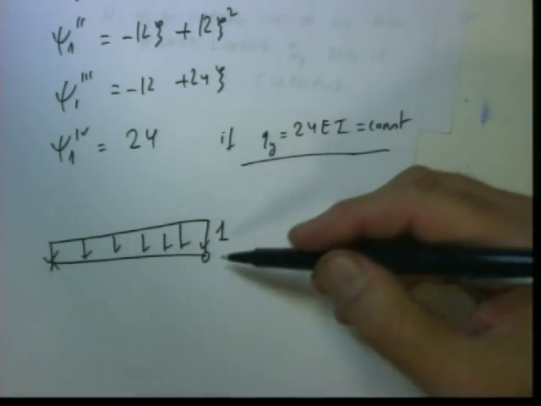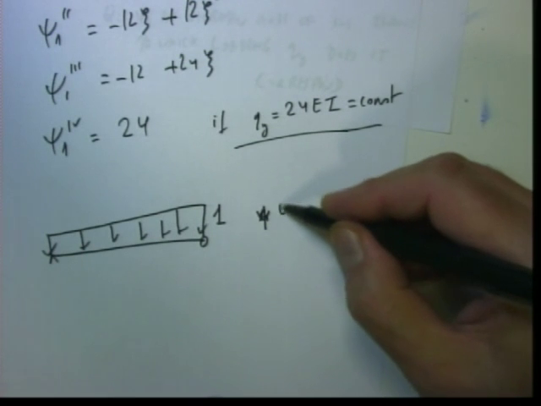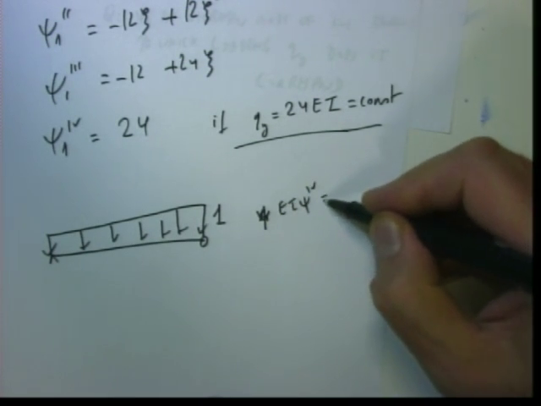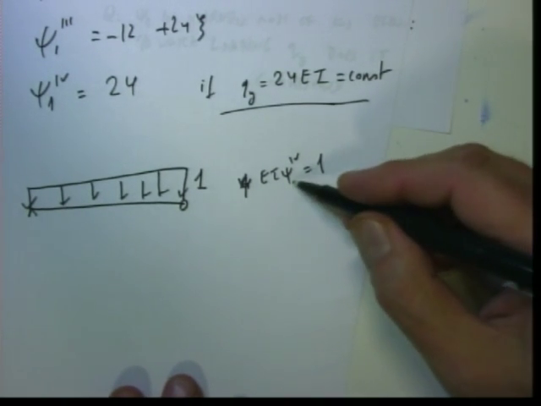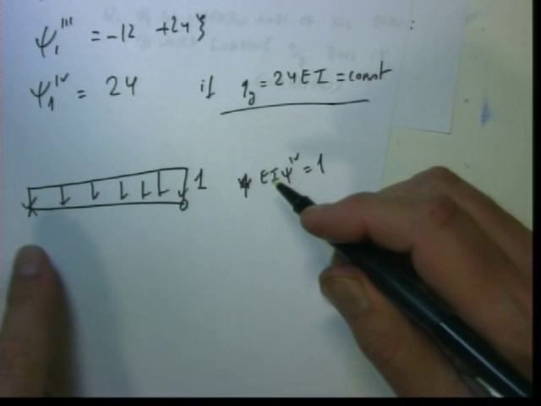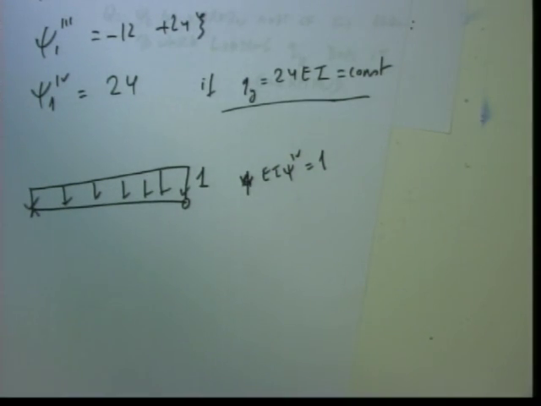Because EI times the fourth derivative equals 1, so this will be a fourth order polynomial because I have to integrate four times. It will satisfy all boundary conditions because I have to satisfy them when solving a static problem. I cannot not satisfy them, as you also studied in machine design or strength of materials.